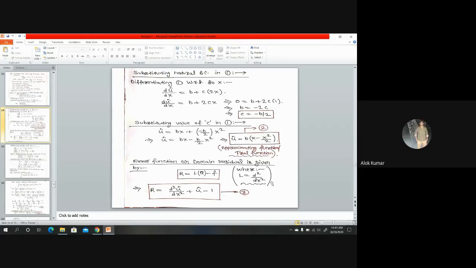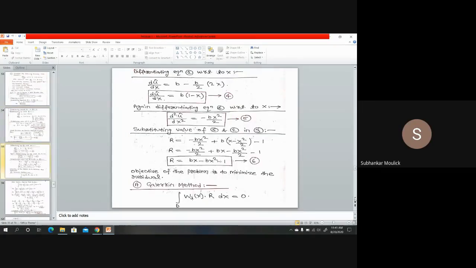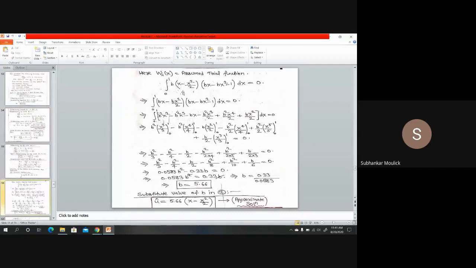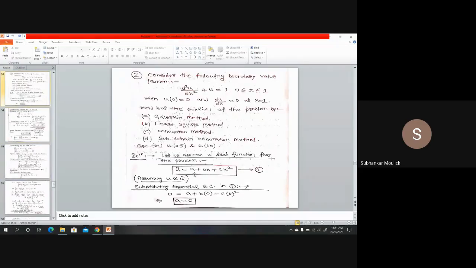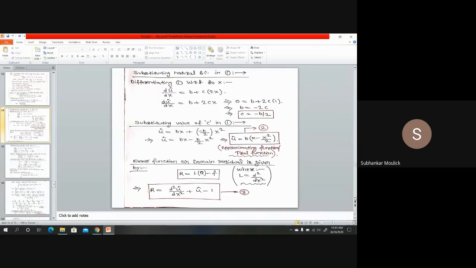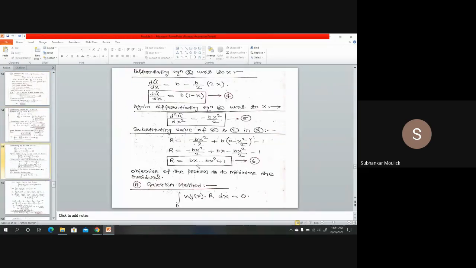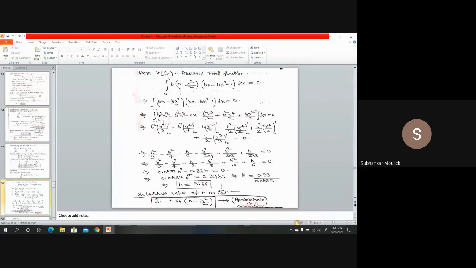Okay. So this weighted function is nothing but my assumed trial function, when I have written a and c in terms of unknown constant b by the use of these boundary conditions, and my domain residual is this one, equation number 6, bx minus bx square minus 1. So you multiply these two expressions and integrate it.